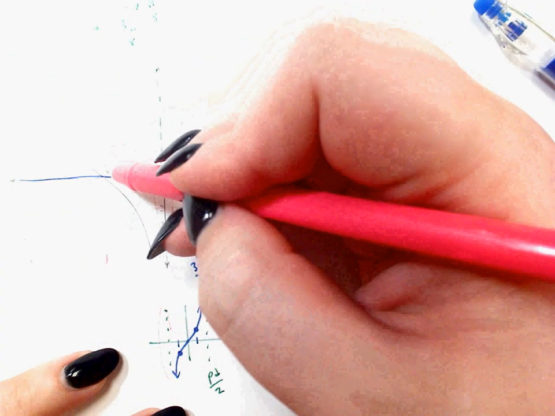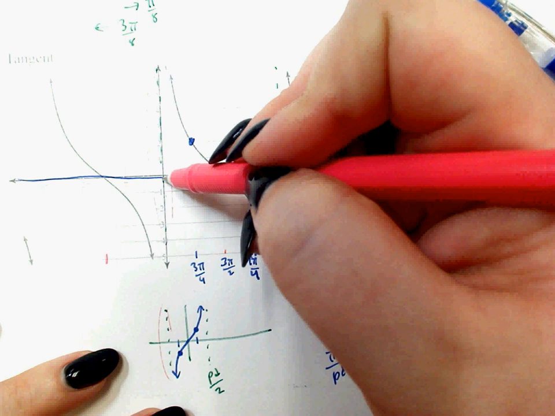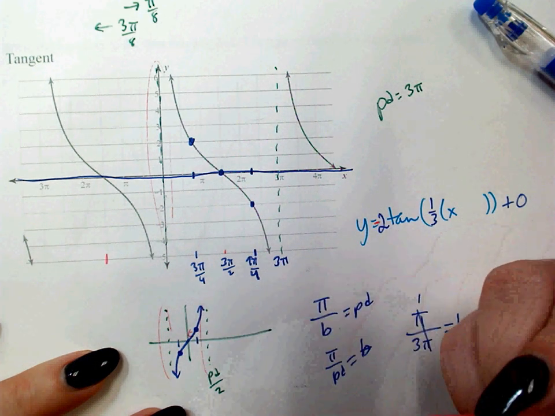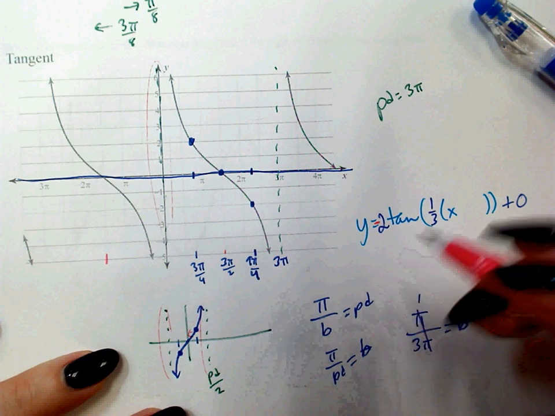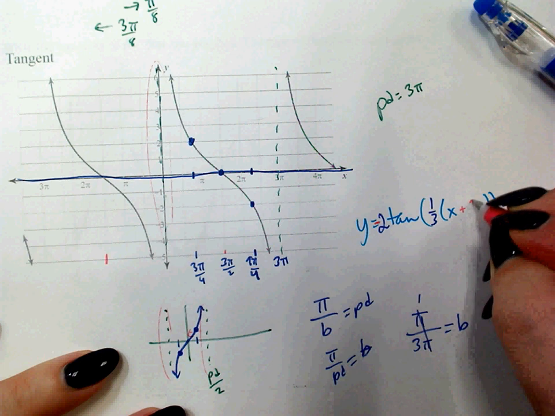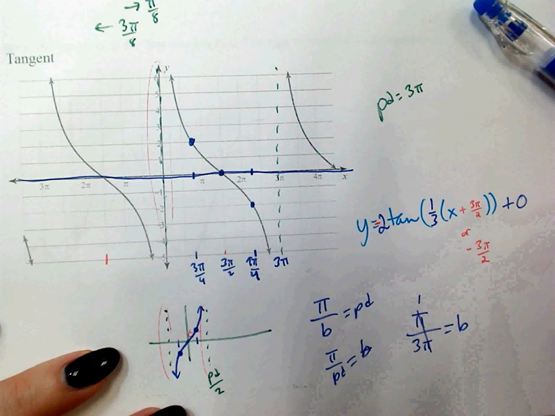Then I could say either I move this vertical asymptote to the right 3 pi over 2, or I could think of it as moving this vertical asymptote to the left 3 pi over 2. Whichever way you'd like to say it. So I could either put plus 3 pi over 2 or minus 3 pi over 2. It's just whichever way you see it.